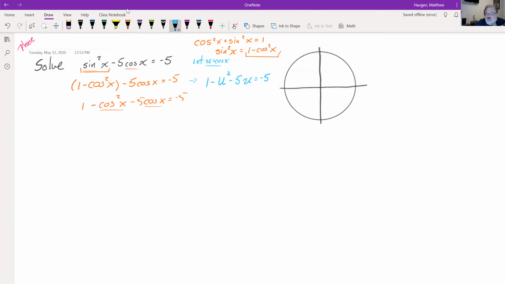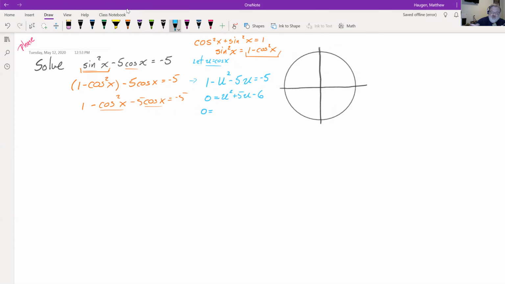So how do we solve quadratics? Well, we set them equal to 0. So we could have 0 equals add over the u squared, add over the 5u, subtract off the 1, we're going to get a minus 6. Once we've done that, this should be either factorable, or if not, we could certainly still use the quadratic formula.